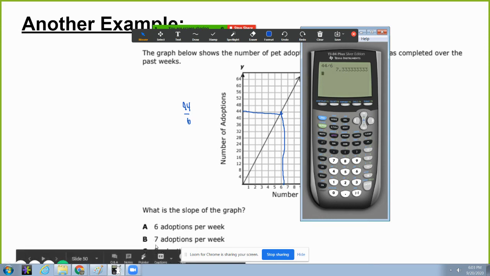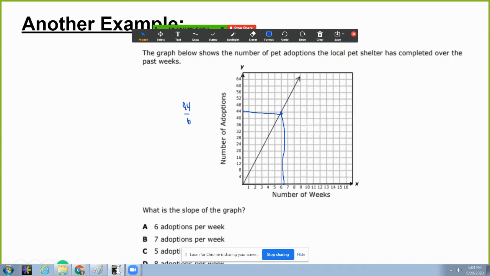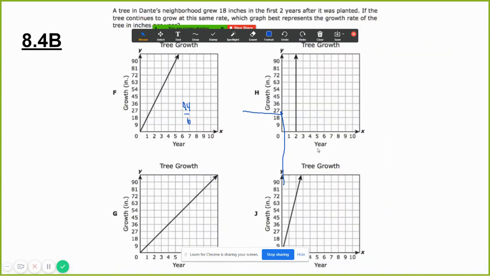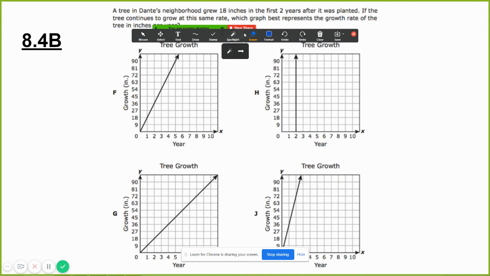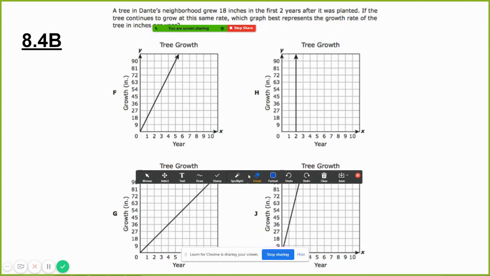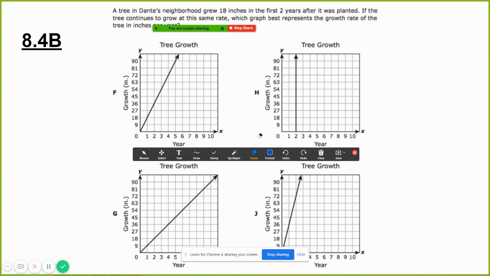So I'm going to say 7 adoptions per week. Most of the time it comes out perfect. This one did not. Okay, let's look at another one. Let's move this out of the way. I guess I'll put it here.